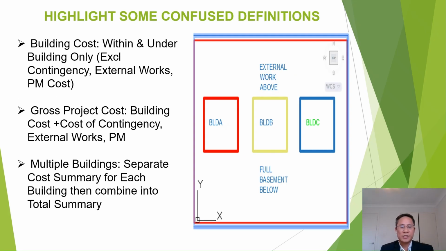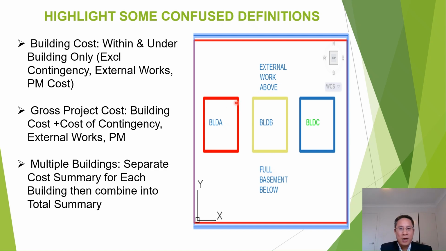Another important issue I should highlight when preparing the cost plan summaries is the confusion of some definitions. Take this plan as an example. This is a new project development.